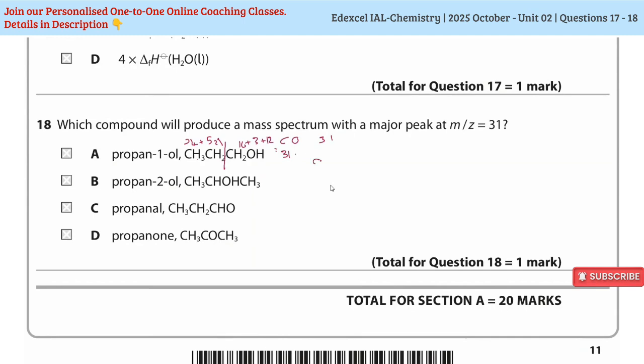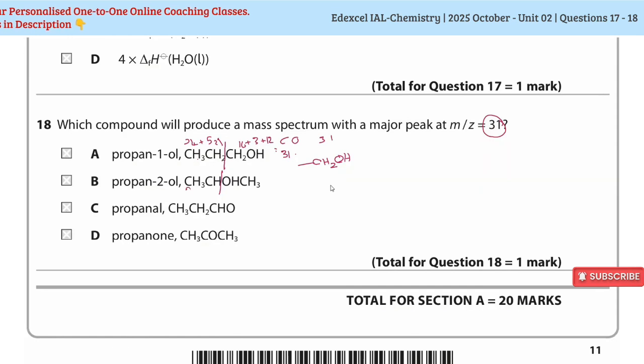So this CH2OH group is producing this peak. Let's see the other ones also.